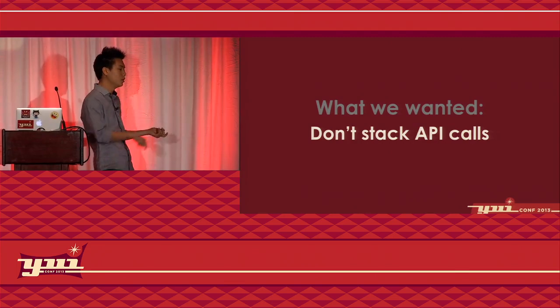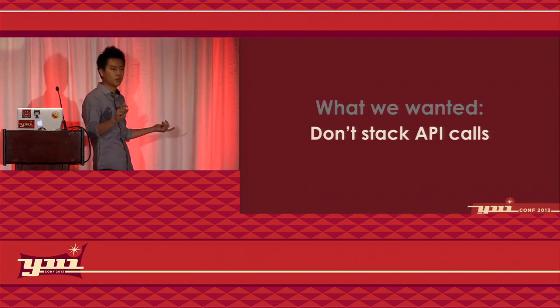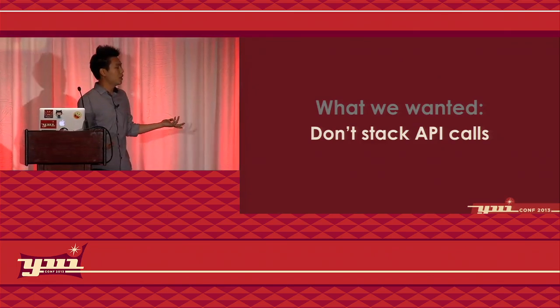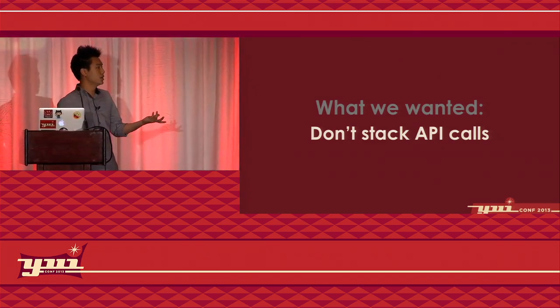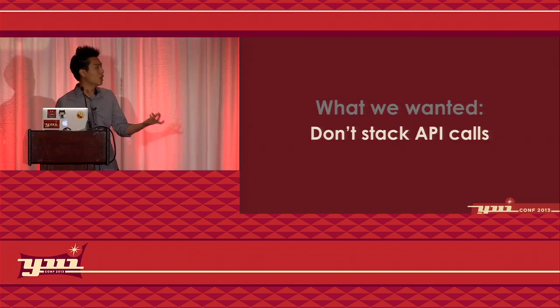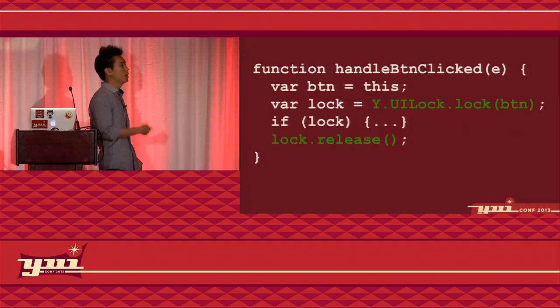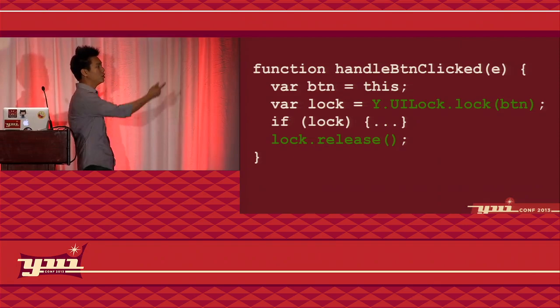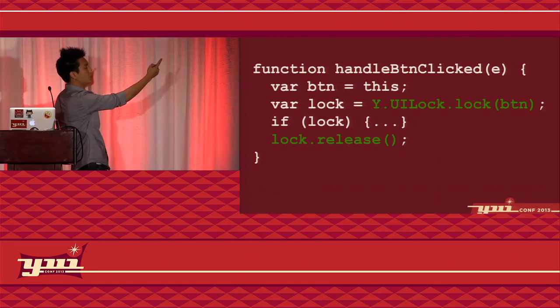Even when you go to eBay and bid, you don't want to bid more than twice, right? We don't want to stack these API calls, but we witness it happening very occasionally. To prevent that, we decided to halt or lock the UI function of any buttons using a module that we created.